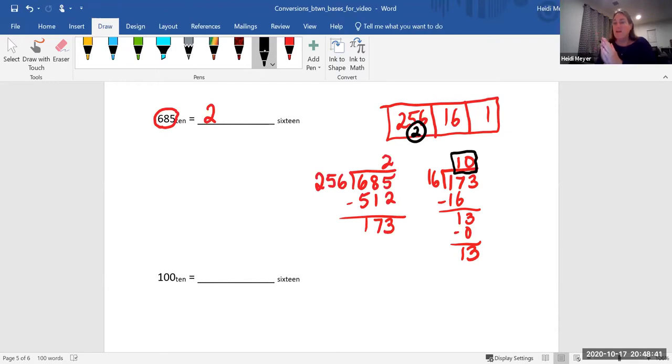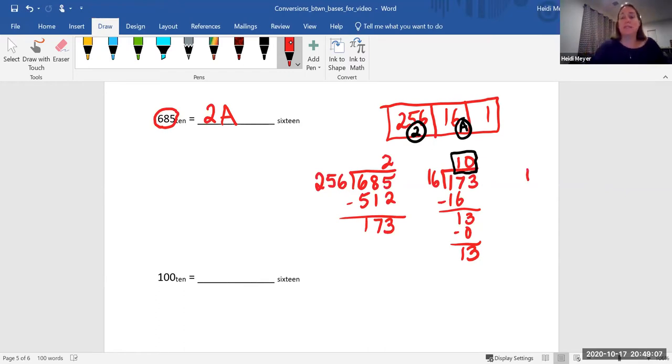But remember, in base 16, a 10 isn't written as a 1-0. A 10 is written as an A. So I have A groups of 16 in 173 because A is 10 in base 16.